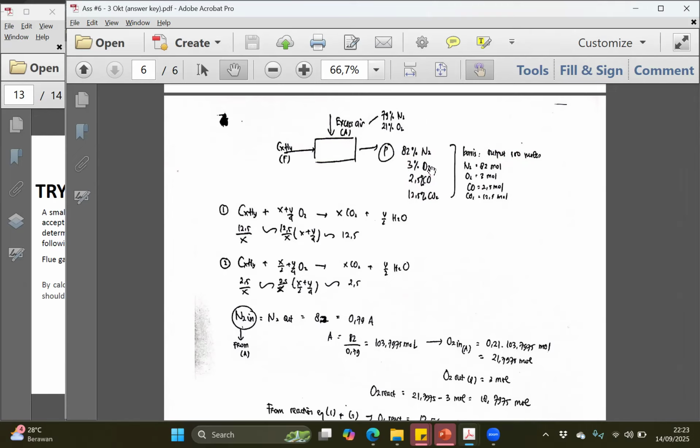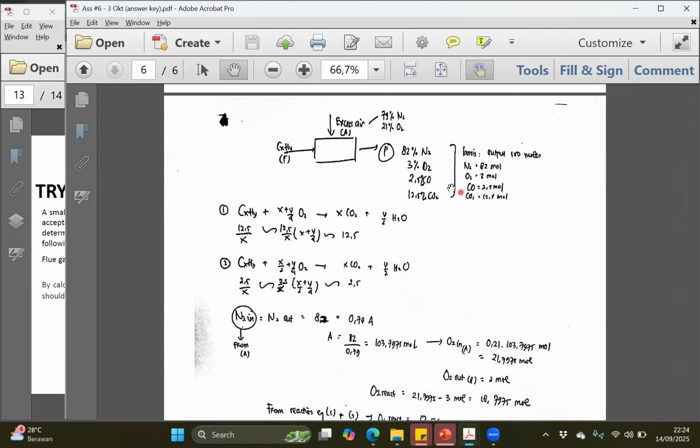Is there any water? Yes, but for the basis, I will use 100 moles total of these four components. Using the percentages and this total, I can get the moles of every component, without the air and without the water. So N2 is 82 moles, O2 3 moles, CO 2.5 moles, CO2 12.5 moles.